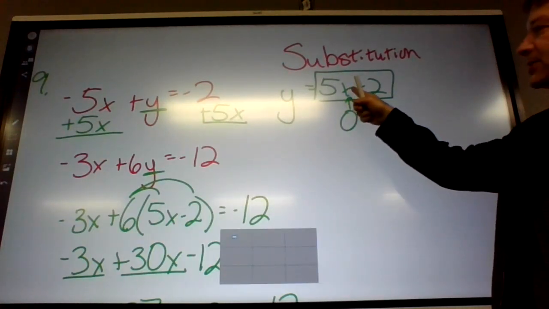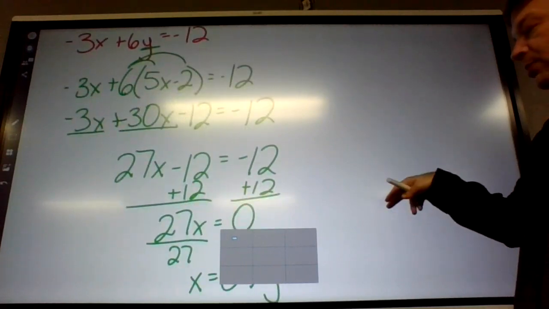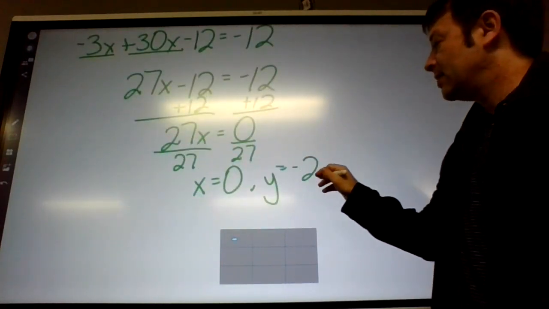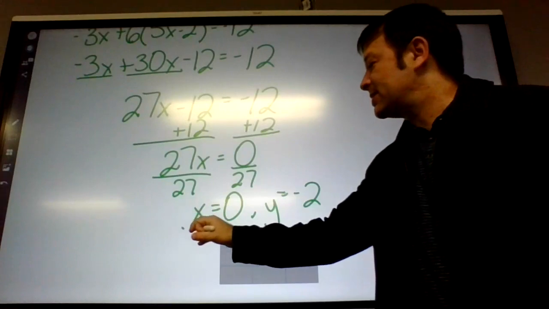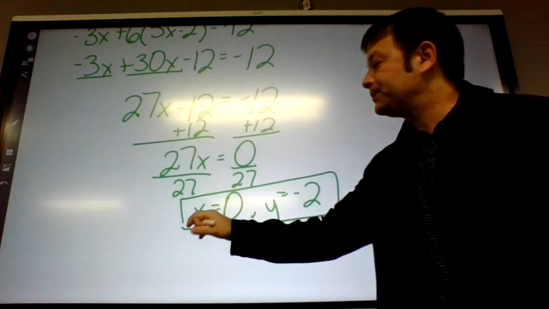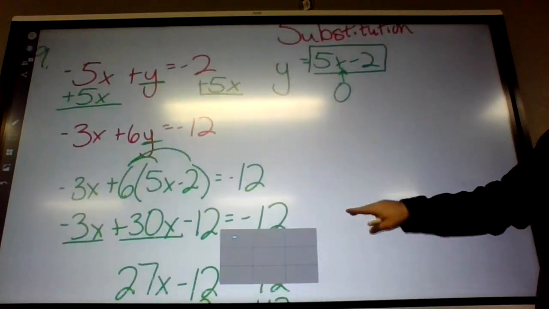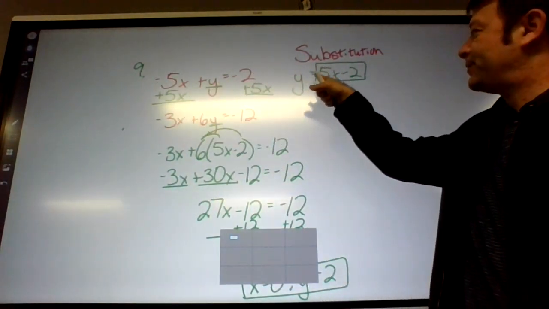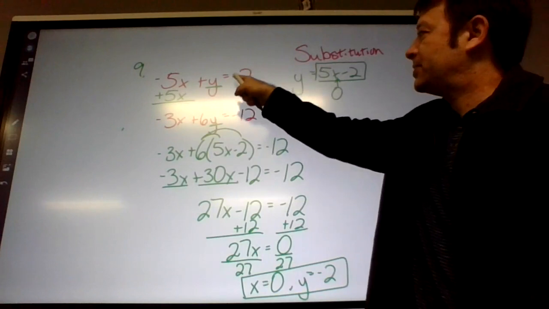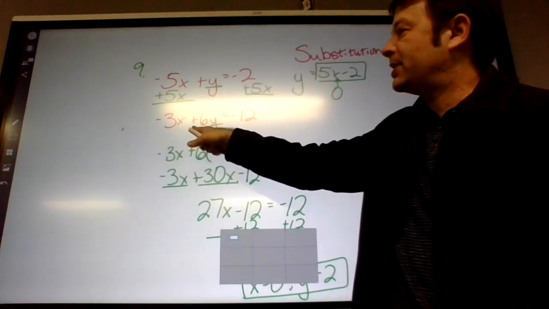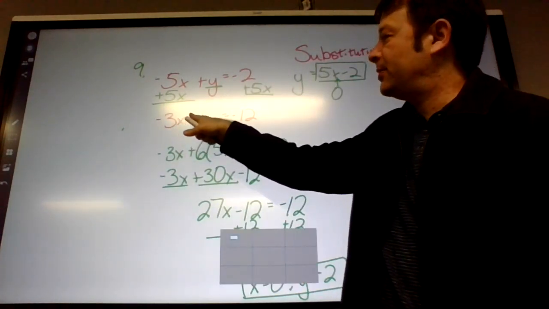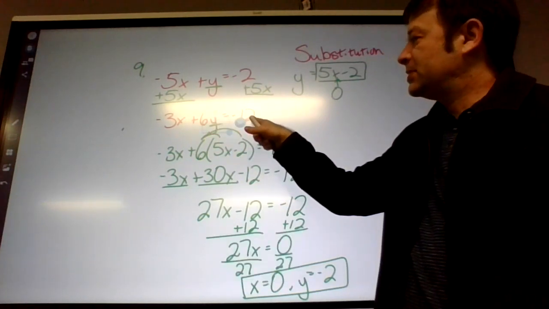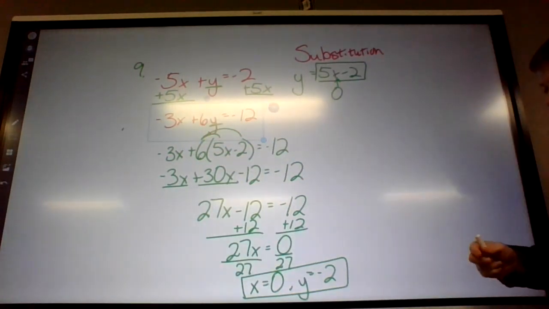So if we plug the x value right there, we get y is negative 2. If you want to check this answer, 0, negative 2, you could just plug it, since we kind of got the answer from the first equation, these are like the same thing, you could check it with the second equation. If I plug in 0, negative 2, does that equal negative 12? Yes.